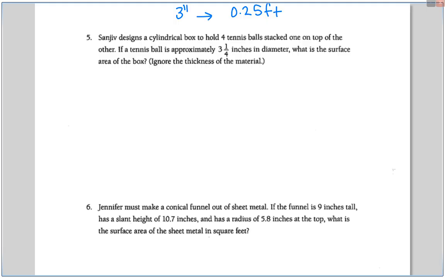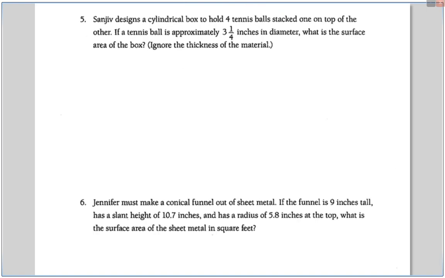Okay, so here we have a cylindrical box to hold tennis balls stacked one on top of each other. Tennis balls approximately 3¼ inches in diameter. So it says, what is the surface area of the box? Okay, so now here, let's try and draw this cylindrical box.